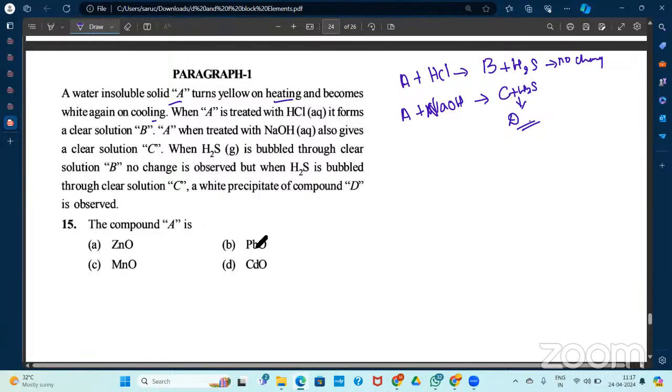You can work out using these four. Okay, I got one answer as B. Taking zinc oxide, what happens on heating?